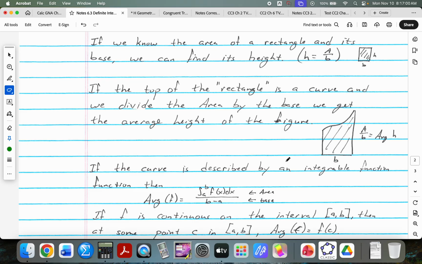If the top of the rectangle, and I have rectangle in quotes for a reason, it's not a rectangle anymore, is a curve, and we divide the area by the base, we get the average height. In other words, we're getting a value so that if I melted it down and poured it over here, this extra part would fill in this gap. So this would be your average height.